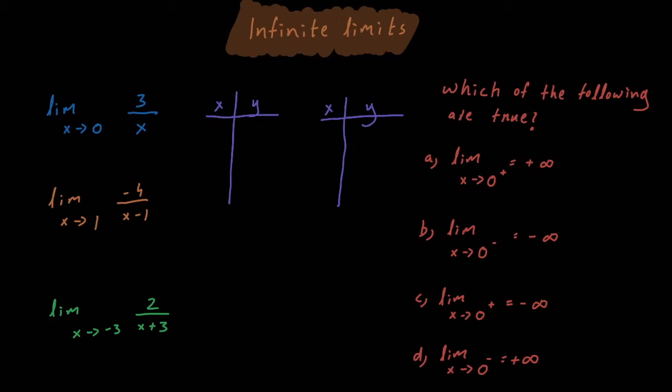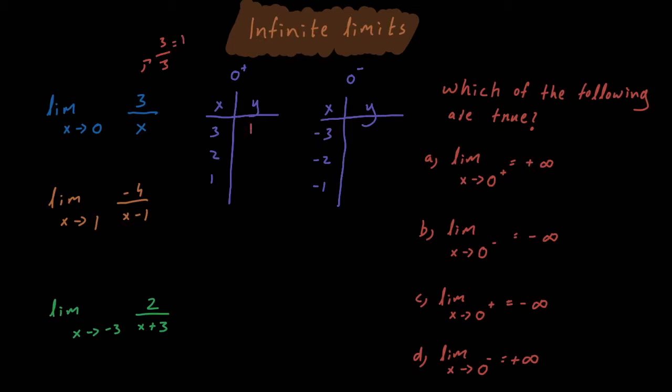So x from the positive side would be 3, 2, 1. From the negative side can be -3, -2, -1. This is 0 from the positive side and 0 from the negative side. So the value of y, let's try substituting for 3. 3 divided by 3, we get 1.